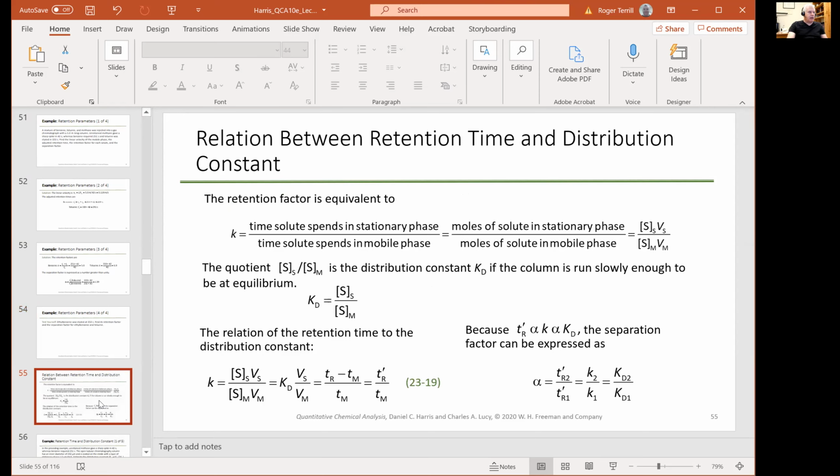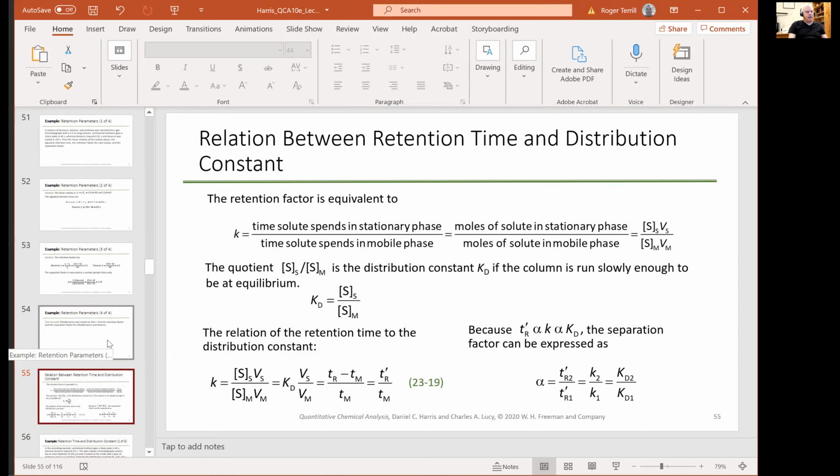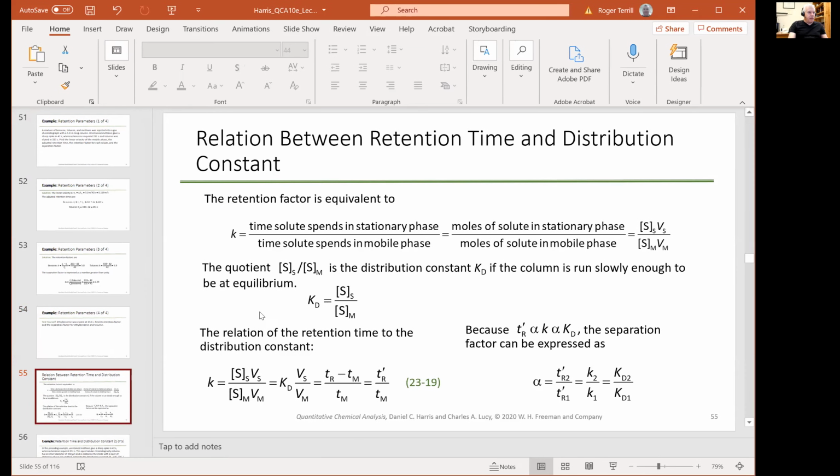Now, the idea here is that there is an equilibrium constant behind k. You find this phenomenological thing k prime, and then a sort of more physical thing, which is the partition coefficient, capital K, right?